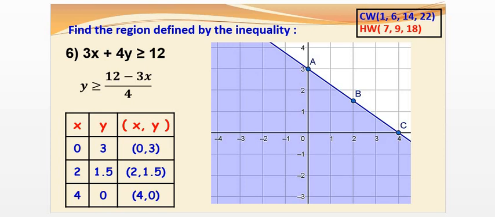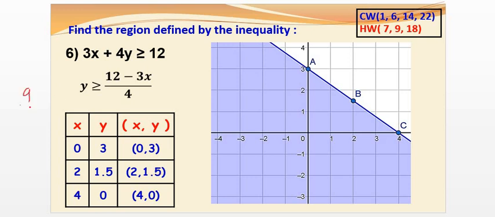So here is the answer for this question. By the way, you can notice that after 0 I chose 2 and then 4, because when I was putting the values, let's say 1 over here, it was becoming 12 minus 3, 9 over 4.